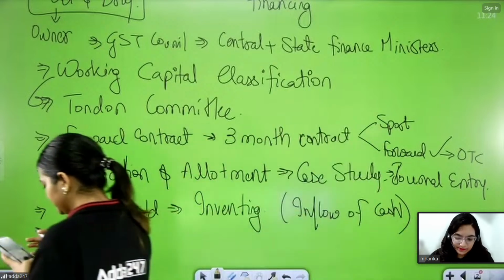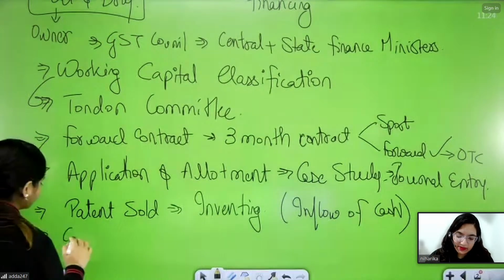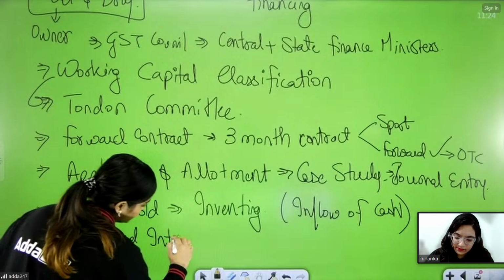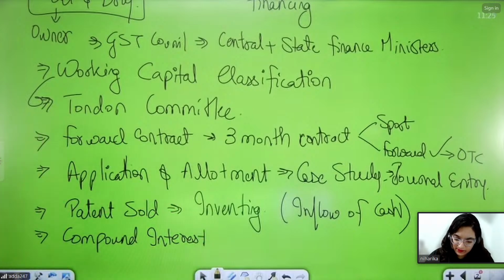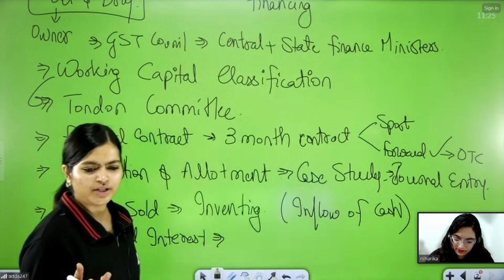Apart from this, there was a question on compound interest as well. One question was based on monthly or half-yearly calculation, something like that.